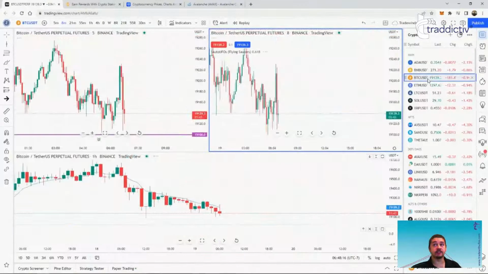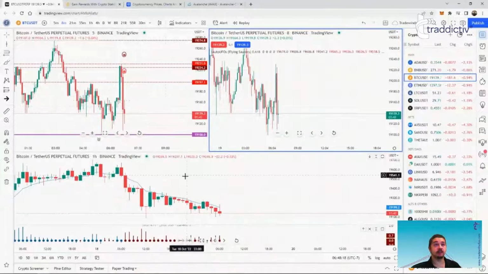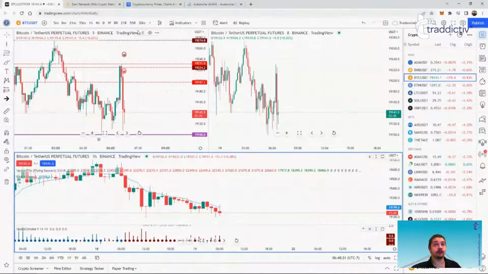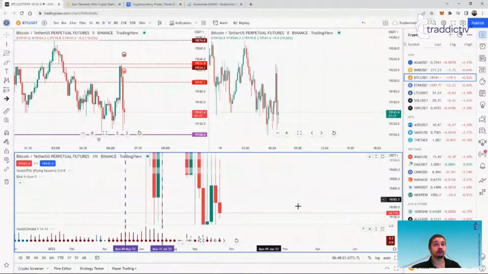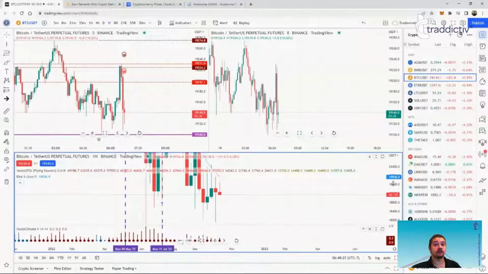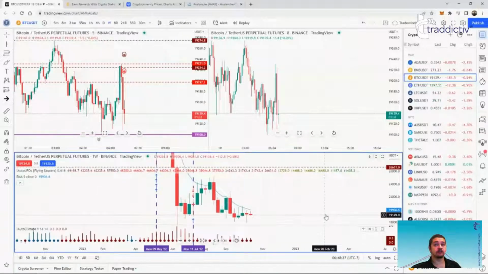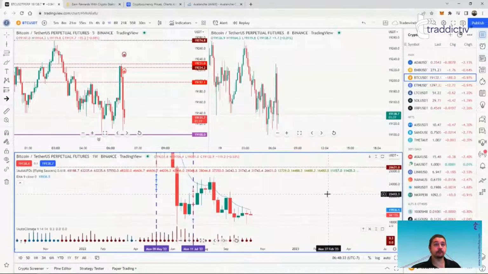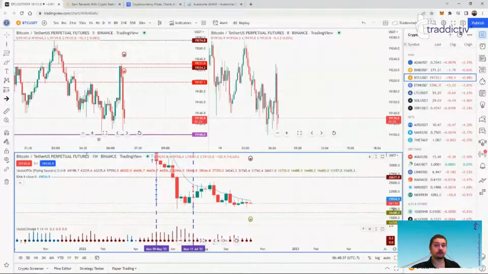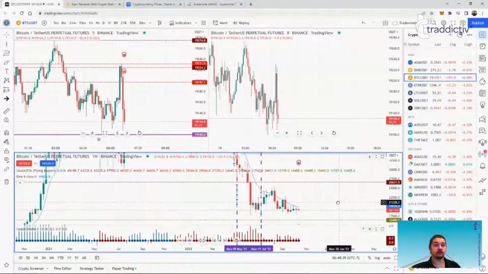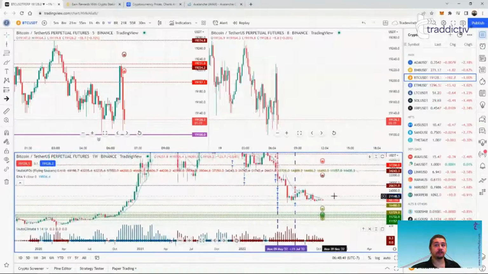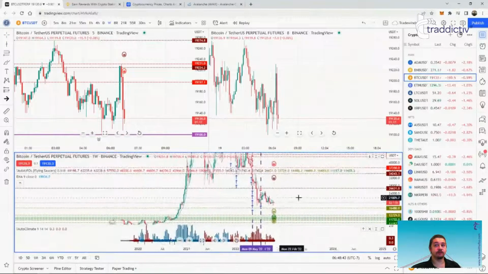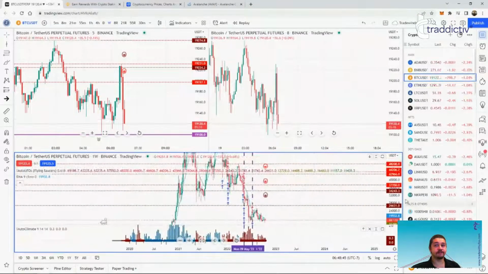and given where the overall crypto market is. I mean, when in doubt, zoom out, right? If we just look at the weekly on Coinbase, we'll see that we're quite a ways away from where the top was.